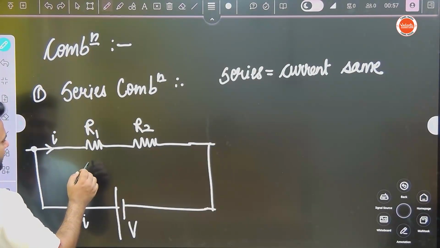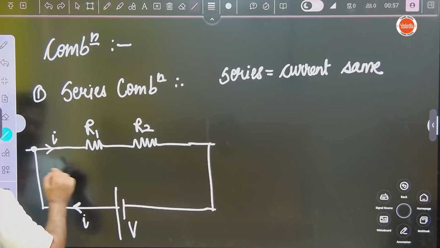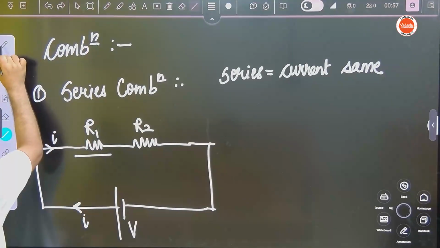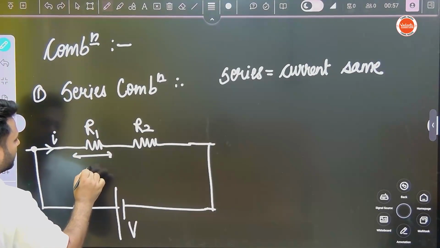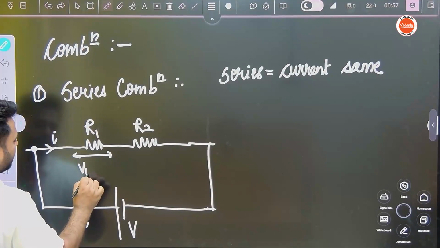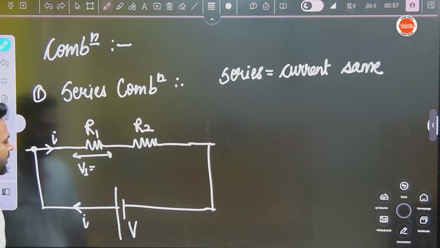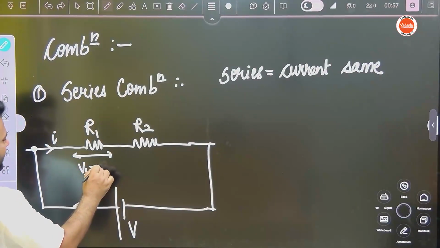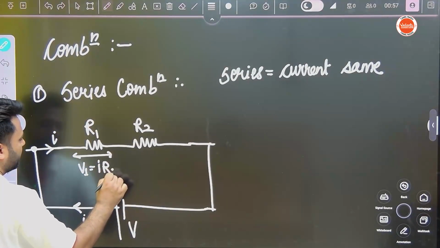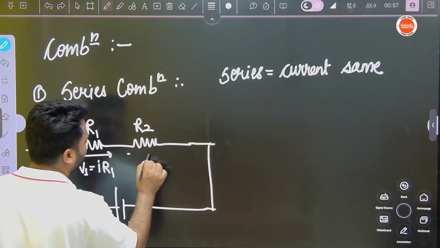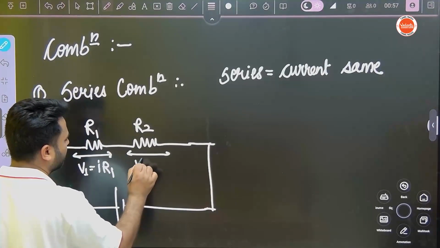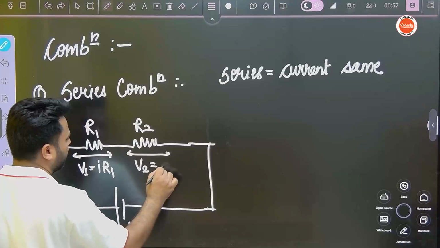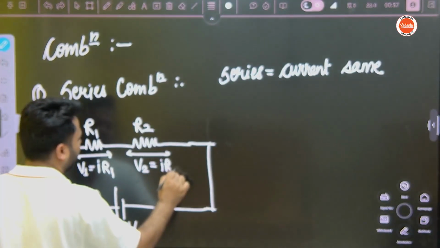If someone asks what is the voltage across this resistor, voltage across resistor 1, so can you write V1 equals to I R1? So current is I, resistance is R1. If someone asks what is the voltage across this V2, so current is I, resistance is R2.